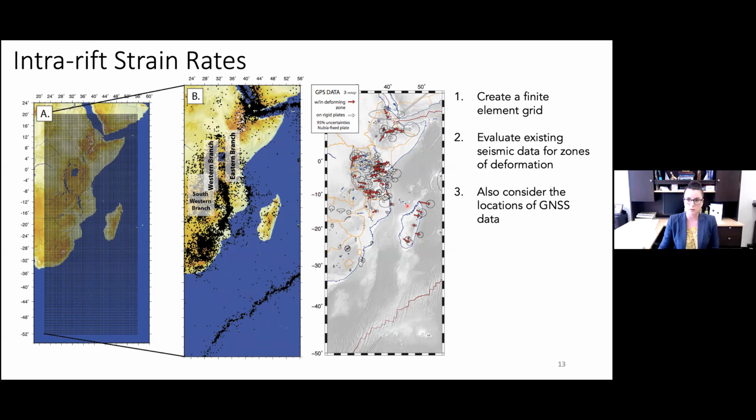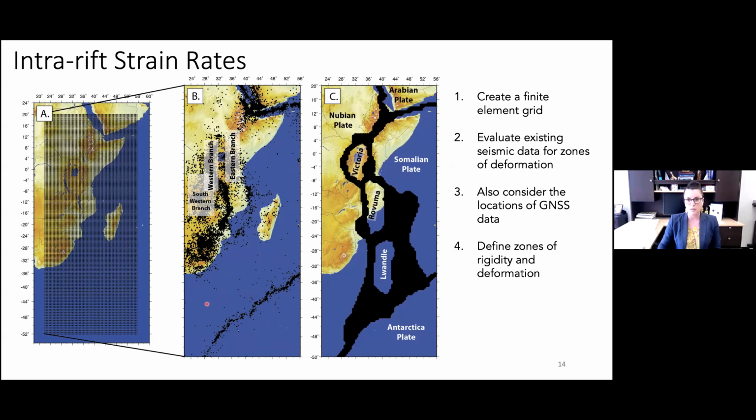So this particular approach that we used only constrains the model with GNSS data. Then we took this information, we tried several iterations of the block boundaries versus the deformation zones, and we decided upon this configuration. So everything that's in black is deforming. Everything that's not black is considered rigid.